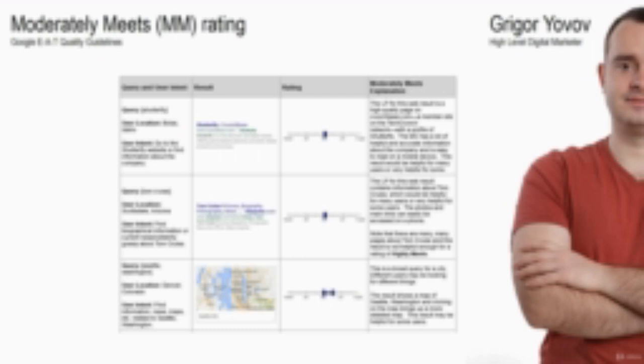The main content has a lot of helpful and accurate information about the company, and it's easy to read on a mobile device. This result would be helpful for many users or very helpful for some users.